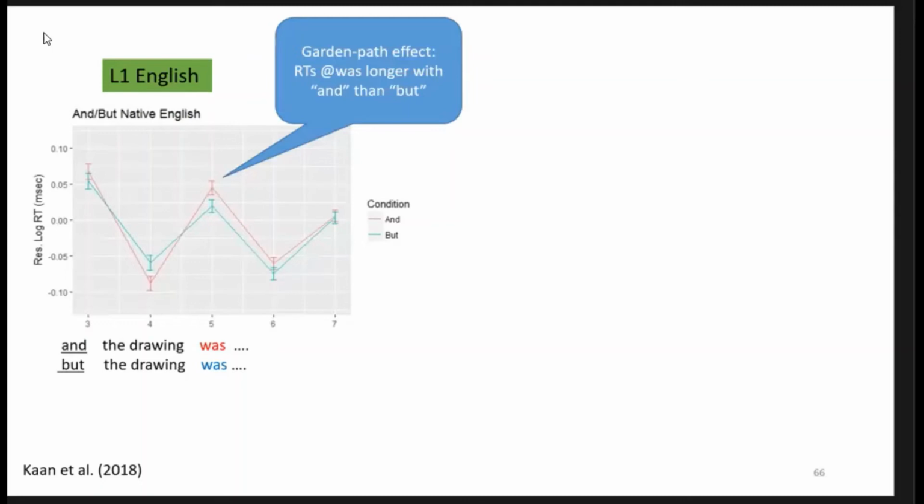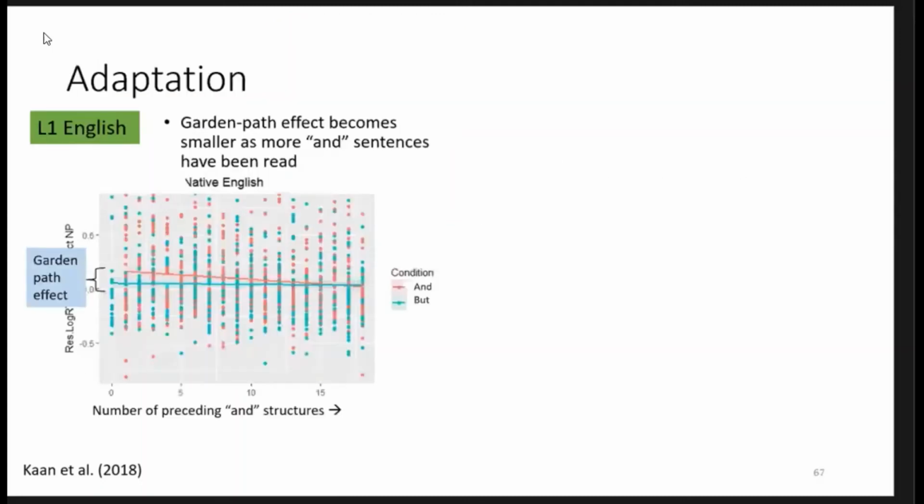Then I was further interested in whether that changes over the course of the study. And indeed, it does. What you see here in red is reading times to the "and" condition, and blue is the control condition, and you see that the effect nicely decreases over time. My second question was whether L2 speakers do the same thing.